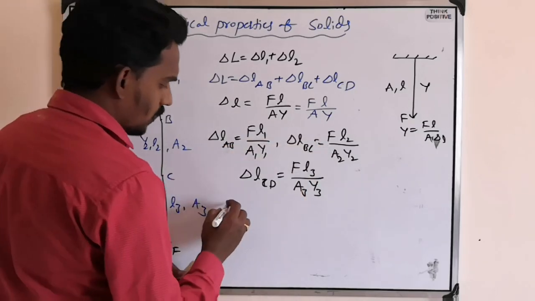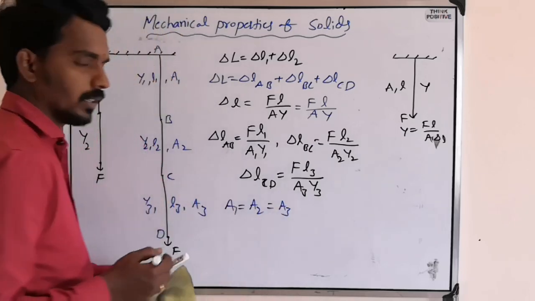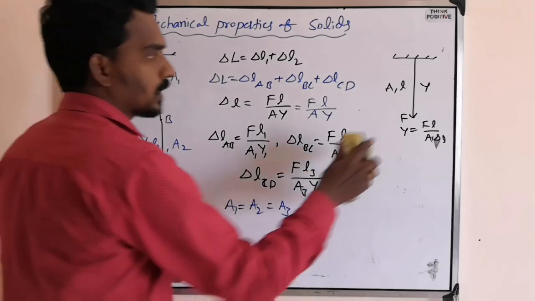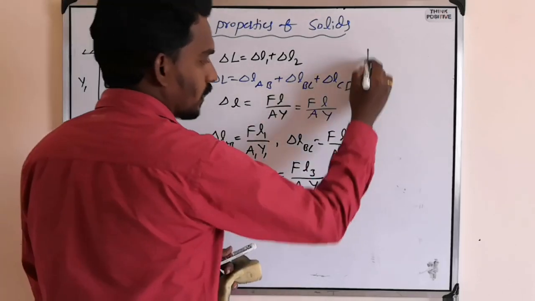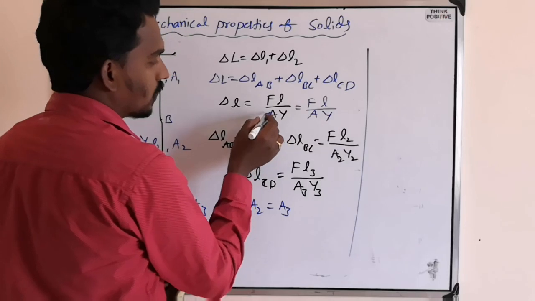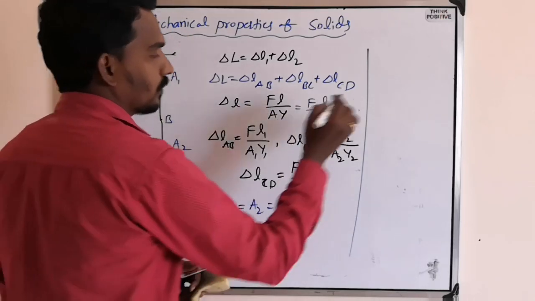But sometimes, or most of the time, they will give that their areas are equal. They may give, they may not give, but usually they give. That's why I am specifying this case. So if this case happens, like areas are equal, then in this equation area is also same. Not only force, area is also same.